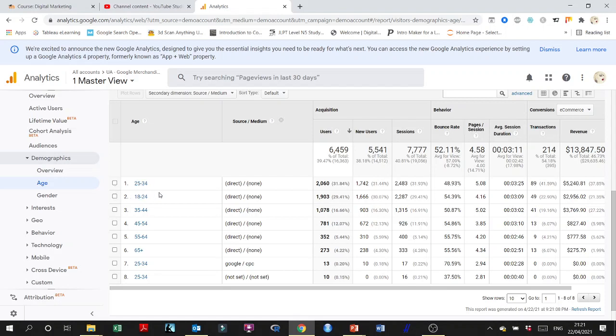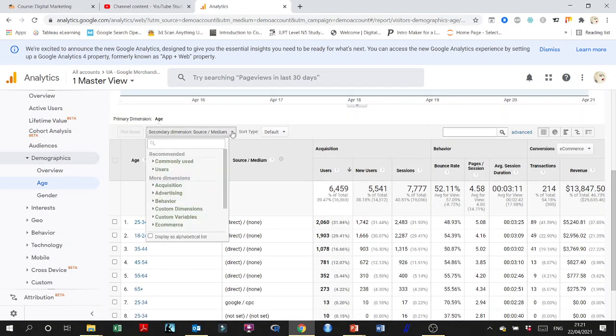So as you can see, now I have my persona 25 to 34, 18 to 24, 35 to 44, all of them, in fact, checked with direct, none, Google, CPC. So indeed, you can find out more information about your personas. Start with the demographics if you want, or the gender or the age, and start looking up information here by taking a look at certain behavior.